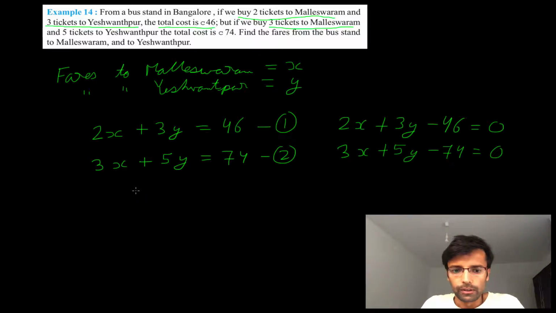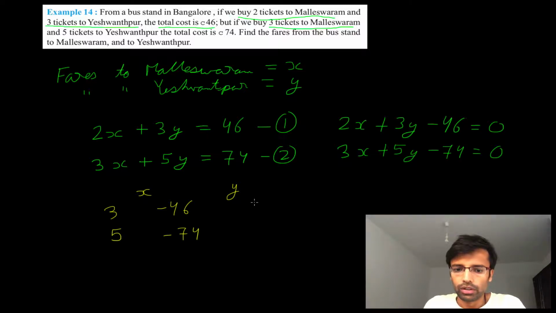So first, let's say we write it in table form, so x, and then we start with the next coefficients, 3, 5, and the next one, minus 46, minus 74. Then we have y. So we have already written minus 46, minus 74.